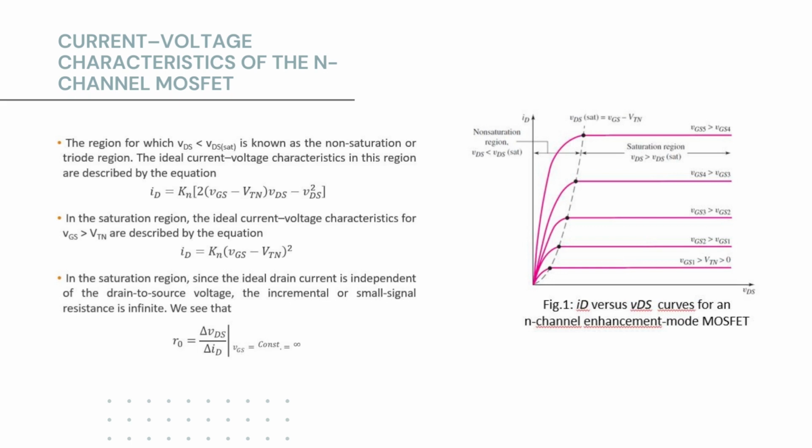The ideal current voltage characteristics for this region are described by the equation ID equals Kn times 2 times (VGS minus VTN) times VDS minus VDS squared. VTN is the threshold voltage. So this equation describes the drain current for the triode region.